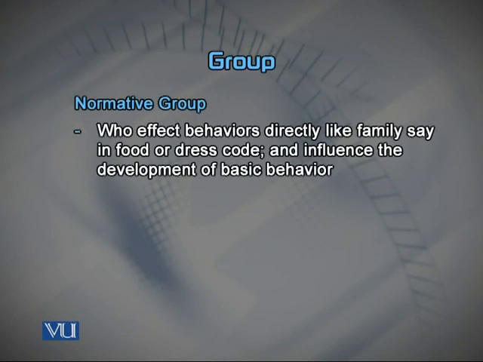In normative, as I said, family, which we will be discussing in detail: dress, food, what you like to eat, how you would like to dress, other behavioral factors, all are things that you learn from the family, and we will also look at some others which create the normative frame, like friends, work groups, and so on and so forth. They try and change your actual behaviors, they try and influence your basic behaviors.